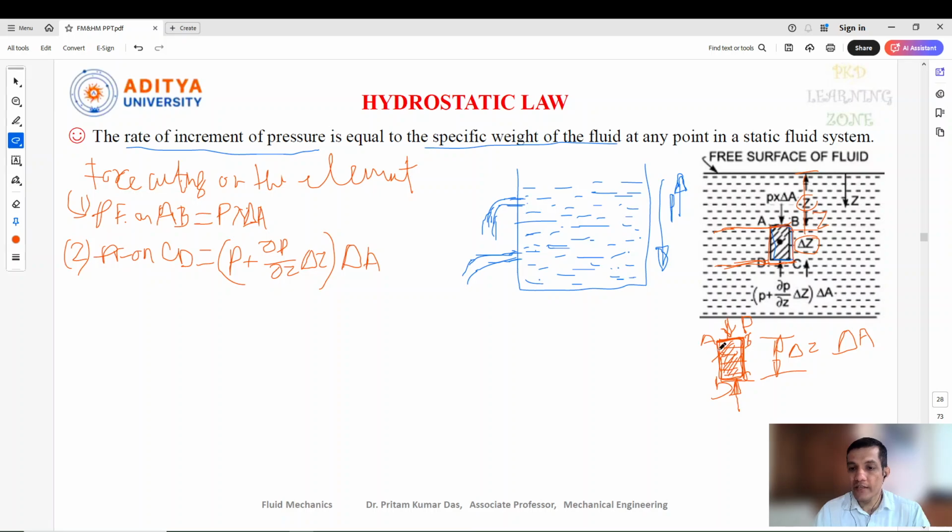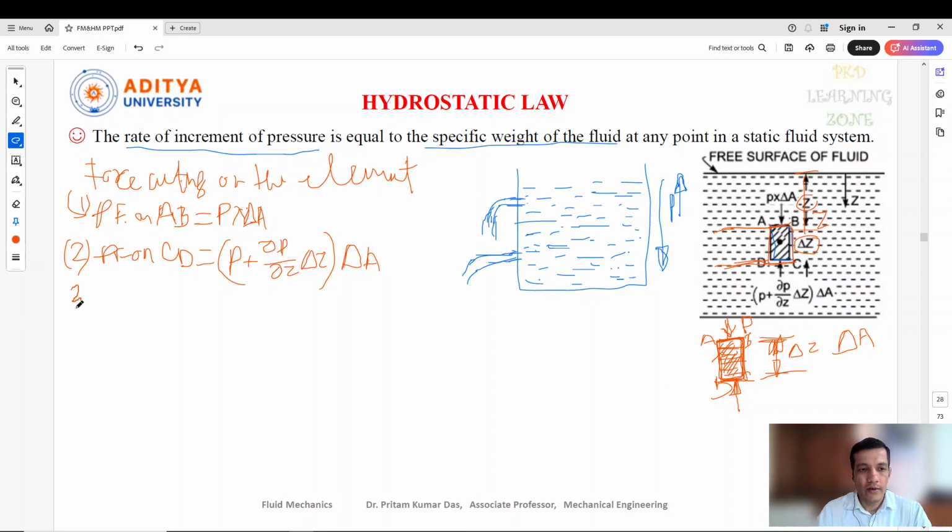If you consider P1, P2, P3, P4, all these small pressures acting here, then we can derive that it is dou P by dou Z into the delta Z height, the total height. So that's why it can be written as dou P by dou Z into delta Z. So this is the pressure force on the CD surface at this point.